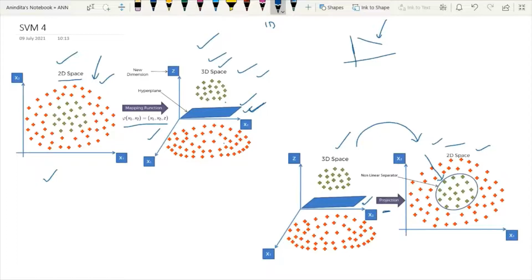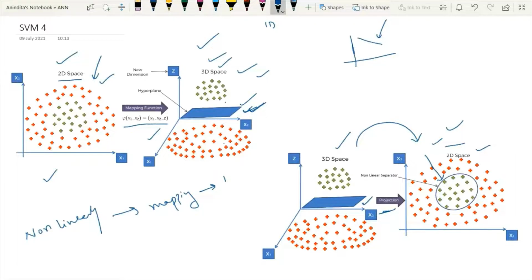This is a simple process you have to understand. Whenever we have a non-linearly separable dataset, first find the mapping function and project it into the higher dimensional space. Here I am projecting from 2D to 3D, and once the hyperplane is identified, project it back to its initial position.